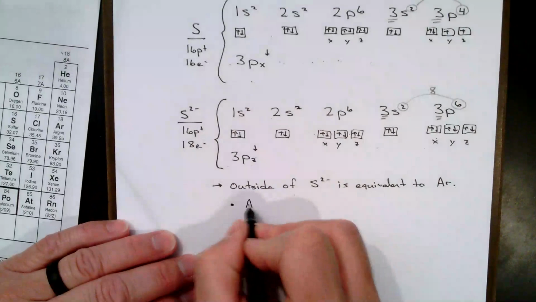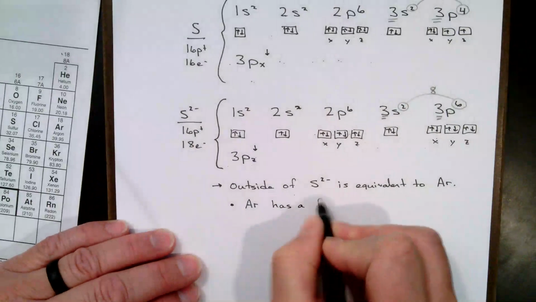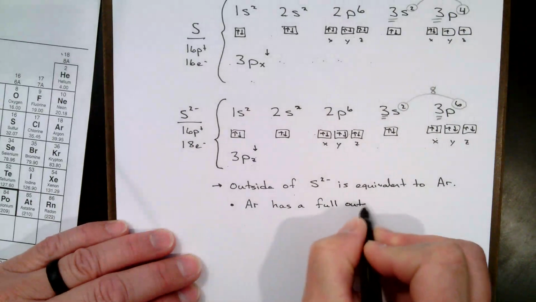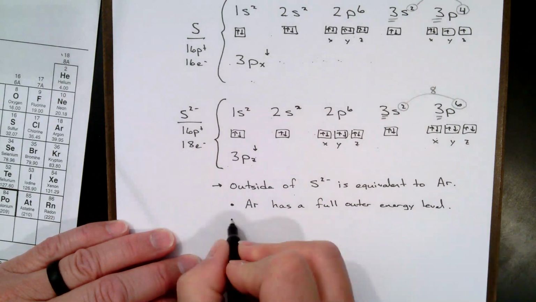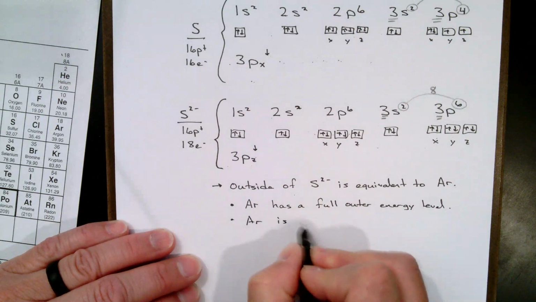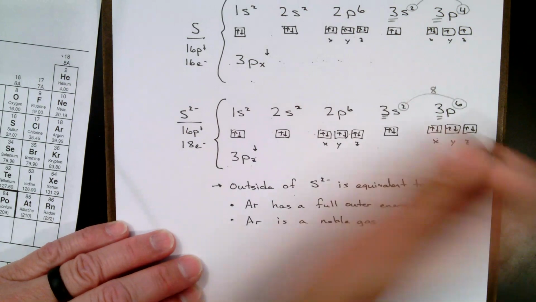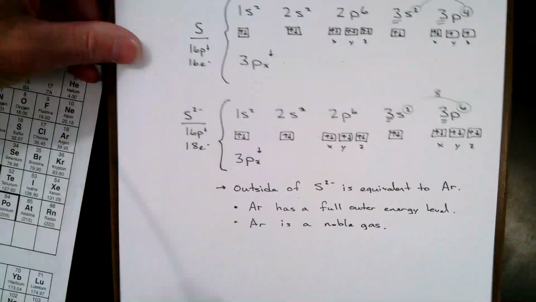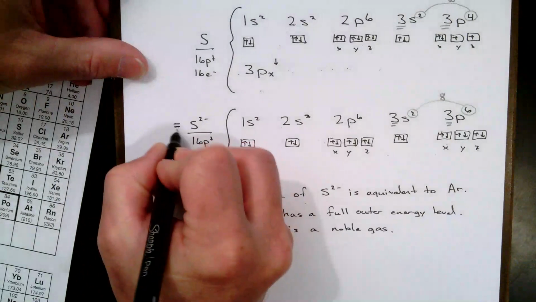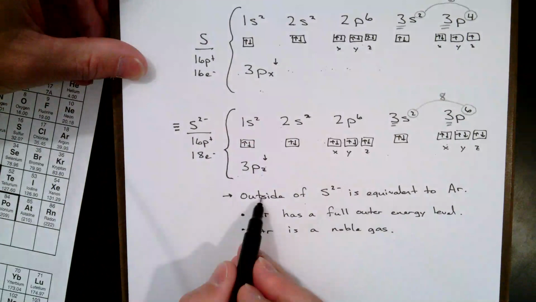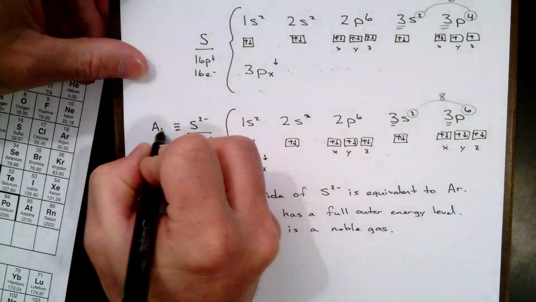Why does it want to do that? It wants to do that because argon has a full outer energy level. Argon is a noble gas. On the outside, argon is full. The outside of S2 minus is equivalent to argon.